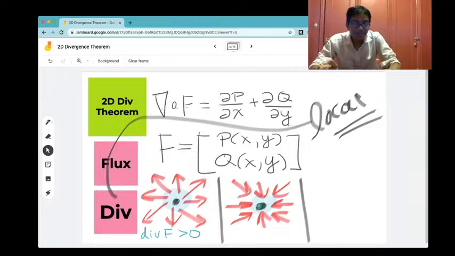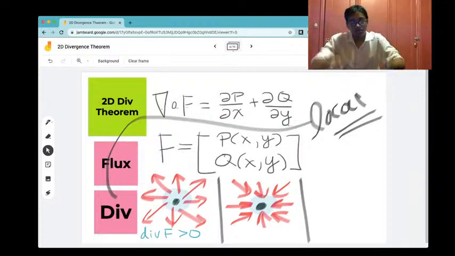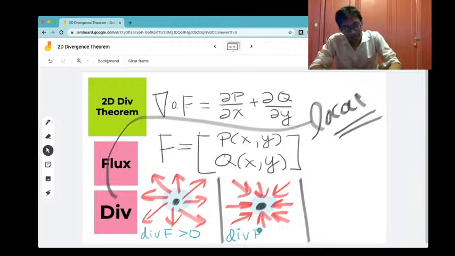More and more dense means that, of course, my divergence is going to be negative, right? Or you can think of it as an electron whose electric field lines radiate radially inwards. So the divergence of my field F is going to be negative.